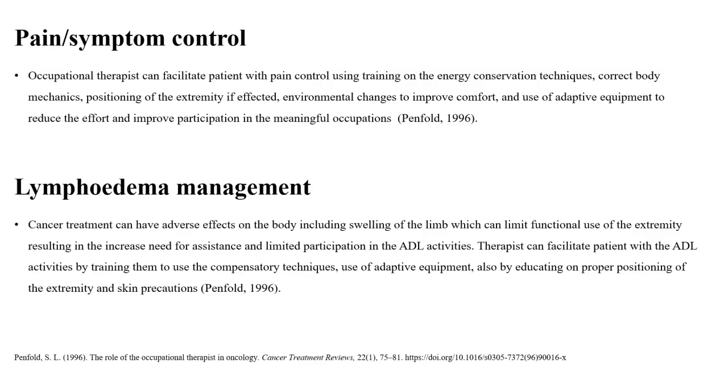So again, cancer treatment can have adverse effects on the body, including swelling of the limb, which can limit their functional use of the extremity, resulting in increased need for assistance and limited participation in ADL activities. So therapists can always facilitate with the ADL activities by training them to use compensatory techniques, use of adaptive equipment, and educating on proper positioning.